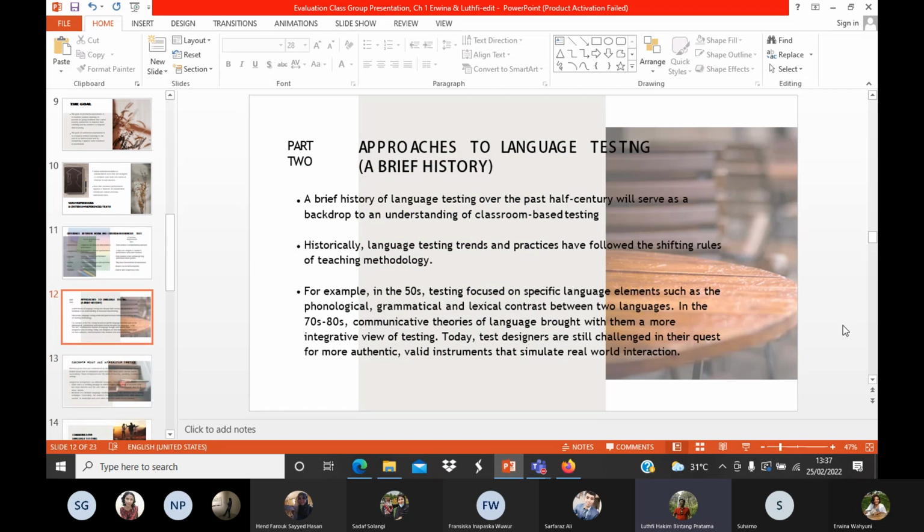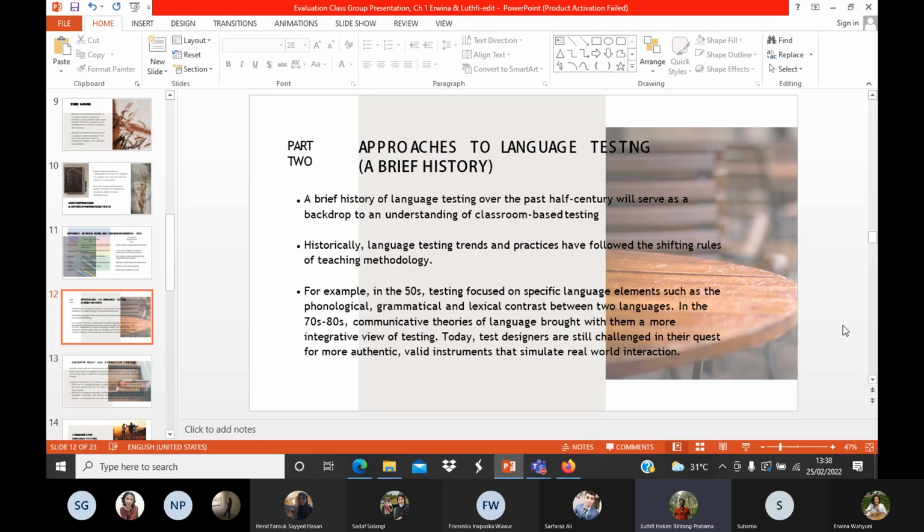Next, approaches to language testing: a brief history. I will tell you about the brief history of language testing. The past half century will serve as a backdrop to an understanding of classroom-based testing. Historically, language testing trends and practices have followed the shifting trends of teaching methodology.